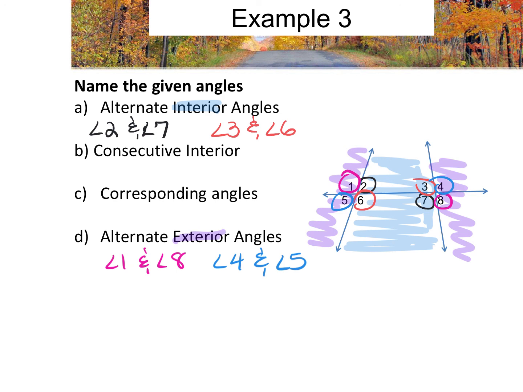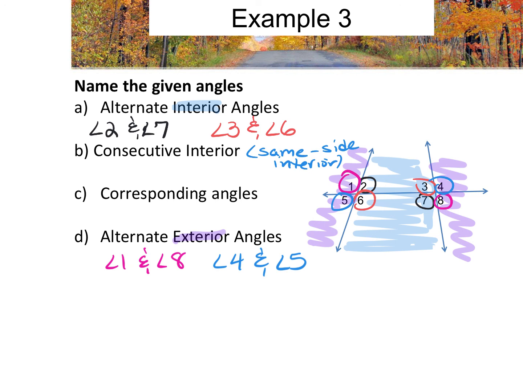Now we can go back and find the consecutive interior pairs and the corresponding angles. Now remember, another name for consecutive interior is also same side interior. So they're going to be in the blue part, but they're going to be on the same side of the transversal. So those could be, let's see if I can get another color here.